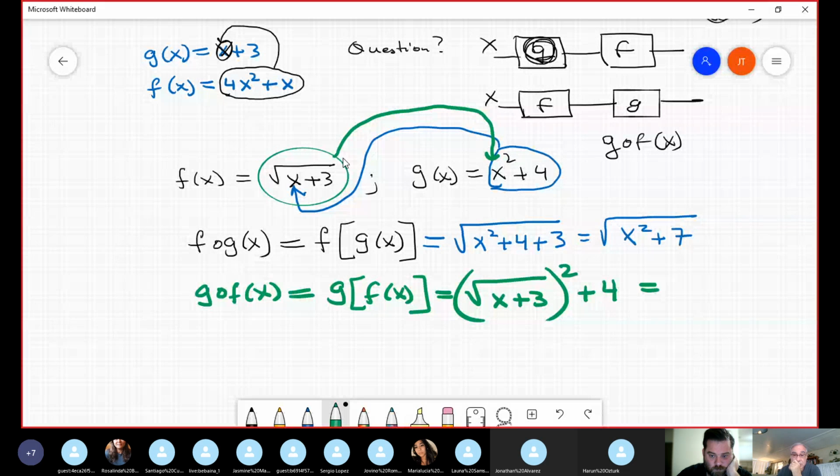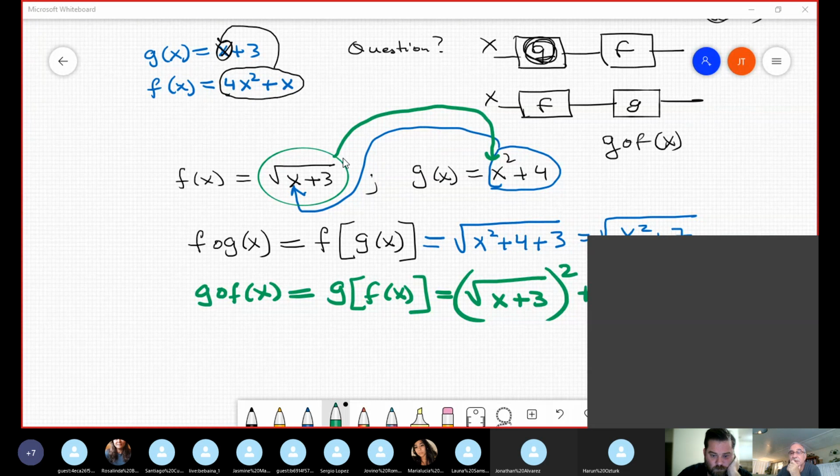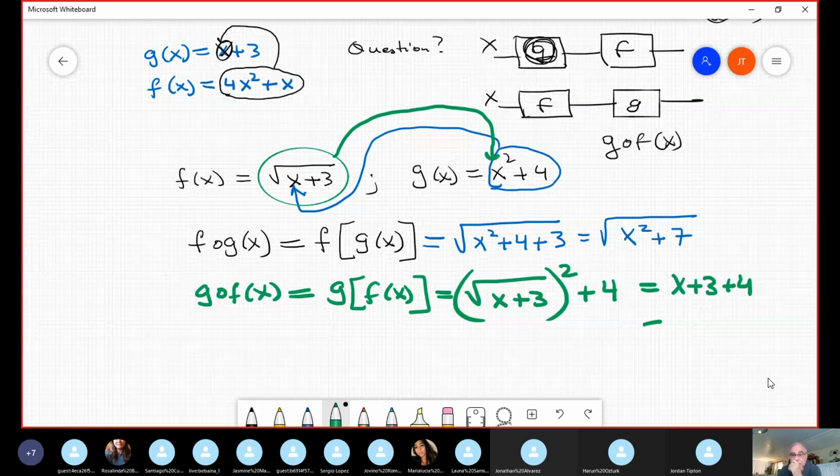And you know, square root and square cancel out each other. It's x plus 3 plus 4. And x plus 3 plus 4 is, wow, x plus 7.